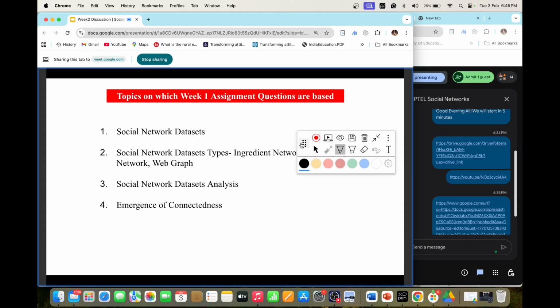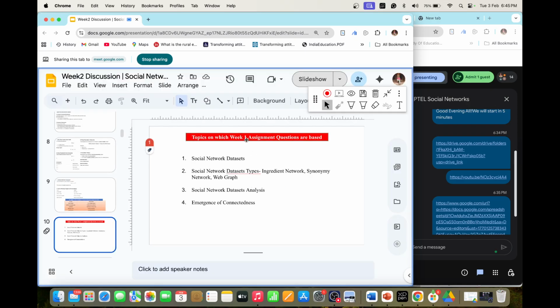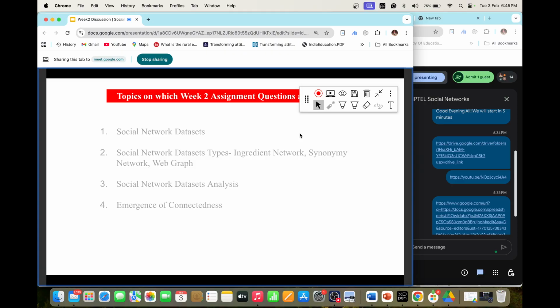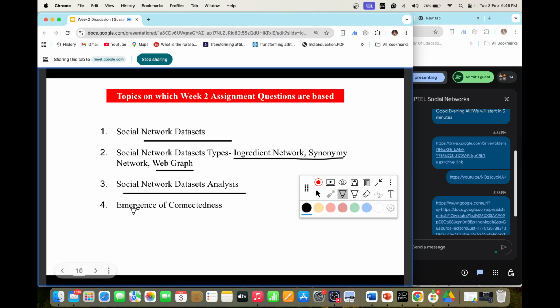So, the topics on which the week 2 assignment questions are based: social network dataset, social network dataset types, that is ingredient networks, synonymy network, or web graph, then social network dataset analysis, and at last emergence of connectedness.